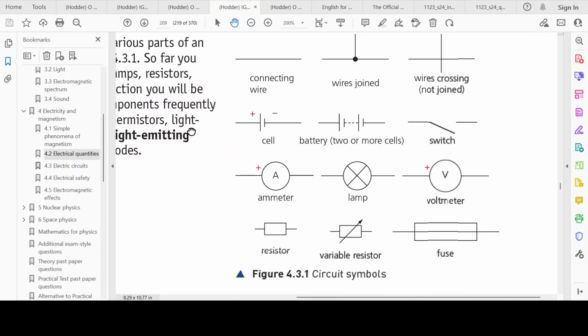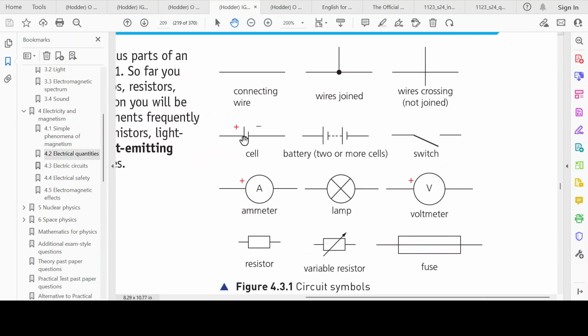The longer line is the positive terminal, the shorter line is the negative terminal. And it is normally made with the positive terminal on the left side and the negative terminal on the right side. If two or more cells are connected together, that is called a battery. And so it's represented by showing two of them with a dotted line in between.